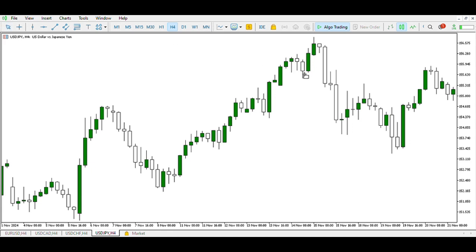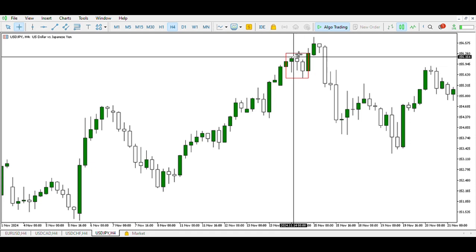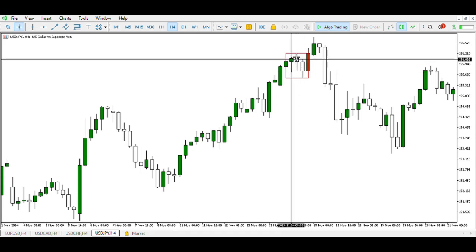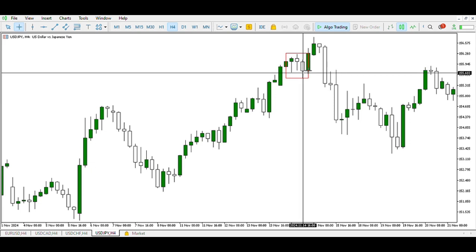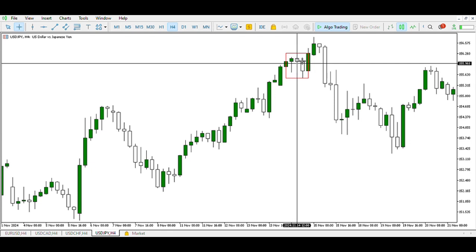The first candle, listen, has to be a buy candle. We can see buyers here, and the second candle has to be a sell candle. We can see sellers shifting the momentum from buyers, and the third candle is a sell candle that closes below the first buy candle. So this is the first candle, this is the second candle, this is the third candle.